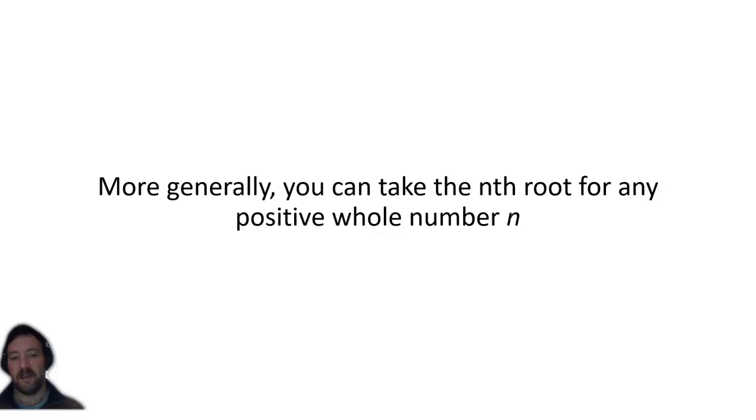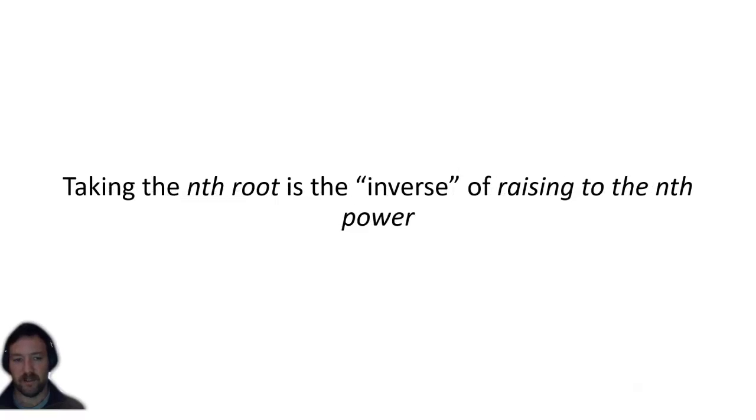And I just want to say more generally, it's just basic arithmetic. You can say, well, why stop at 4? There might be an example where I need to do a fifth root or a sixth root or a seventh root, whatever. So you can take what they call the nth root typically for any number n. N might be 2, and then you're talking about square roots. N might be 3, and you're talking about cube roots. Whatever the number is, you can take that root, okay?